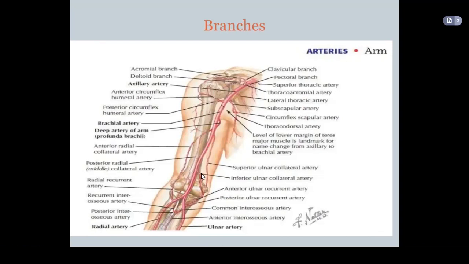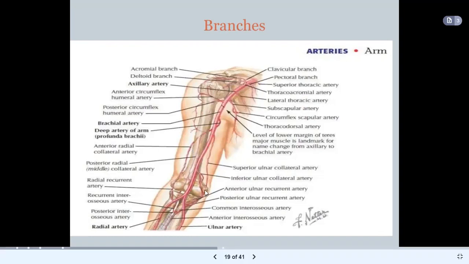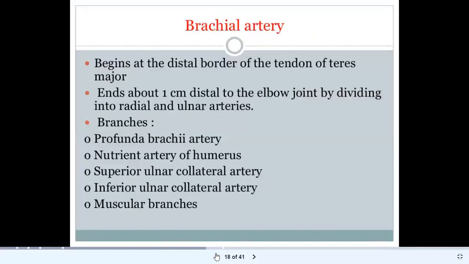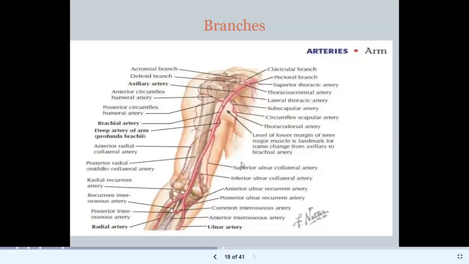So we can see these ones. Then here you see the anterior radial collateral, but we cannot see the nutrient artery and the muscular branches in this diagram. Okay, so that's the brachial artery.